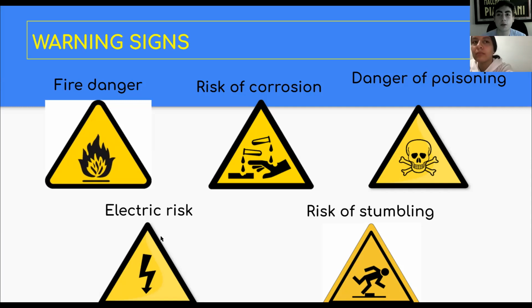This warns of an electrical current that can be a danger to the integrity of people. And the following signage is a danger of poisoning. This warns of injury or death caused by the ingestion of toxic substances. And the following signage is risk of stumbling.